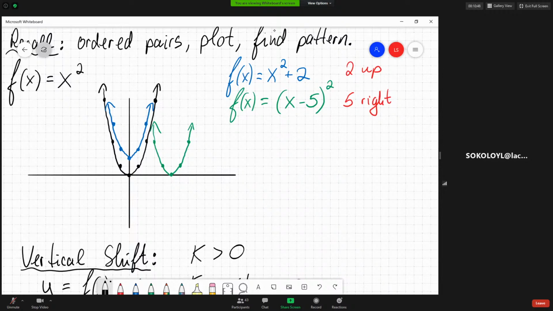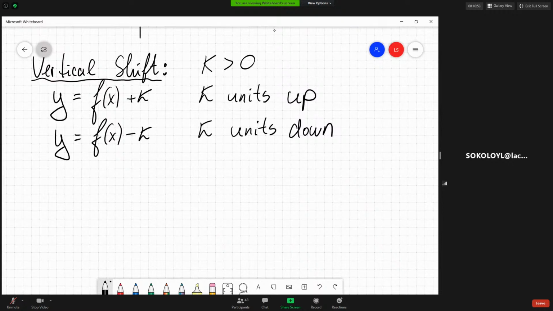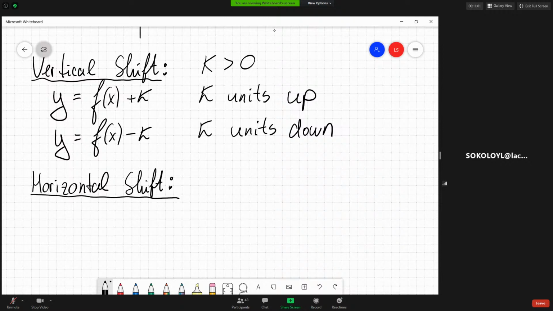So that was the vertical shift. Horizontal shift, we will use the letter h to represent horizontal shift. Again, h is a positive value.